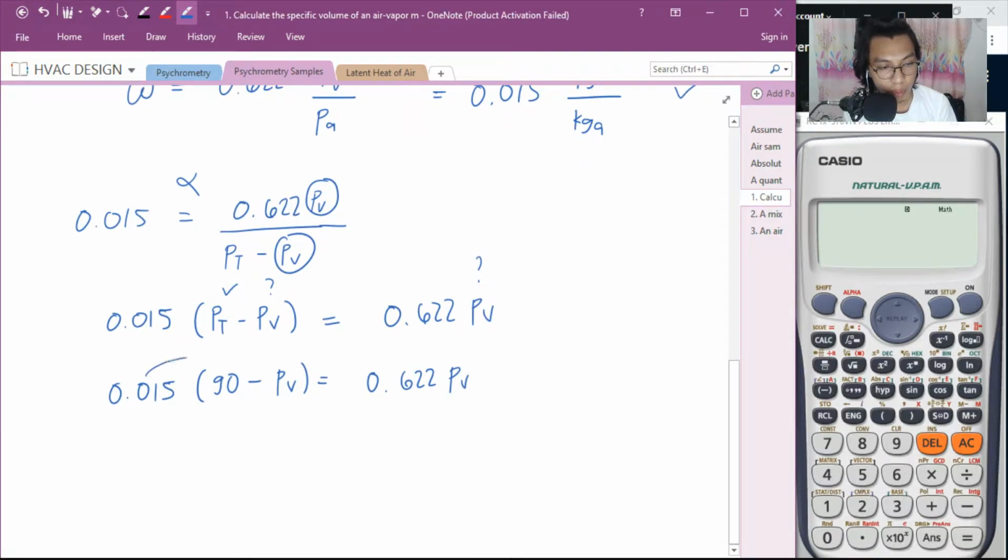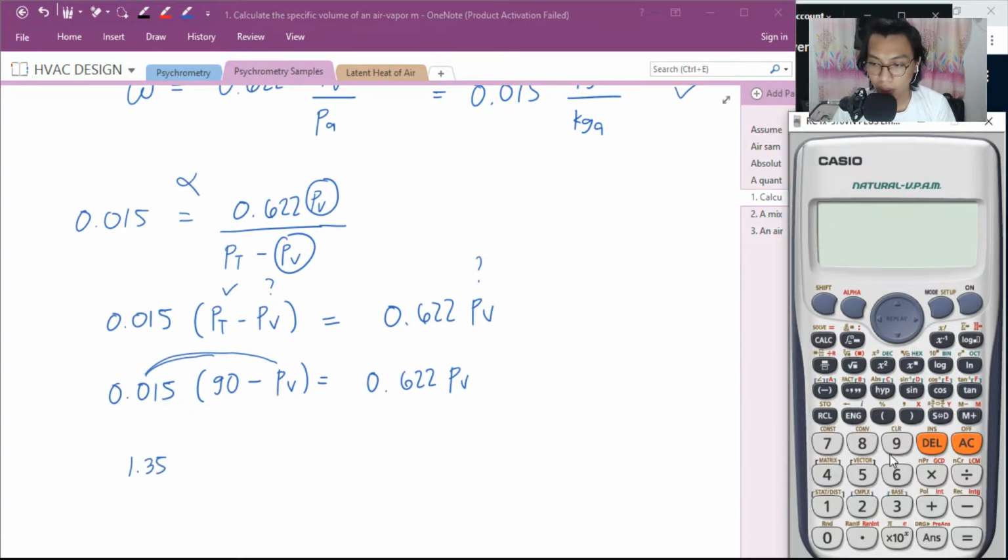So, 90 times 0.015, that is 27 over 20 or 1.35.